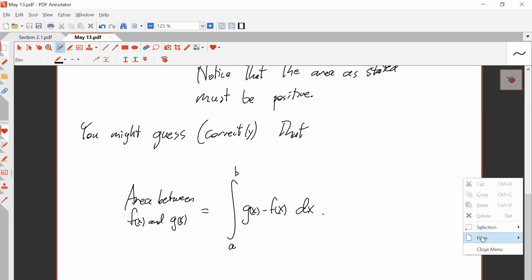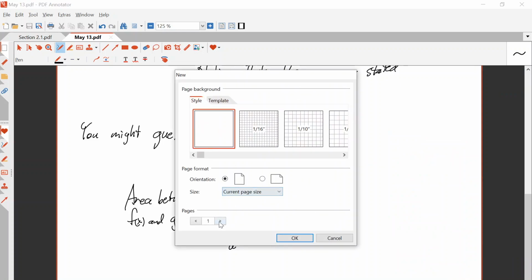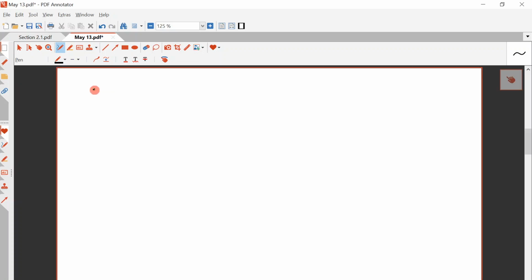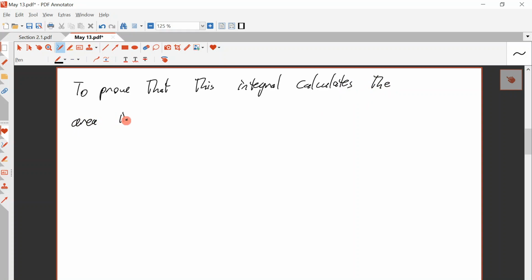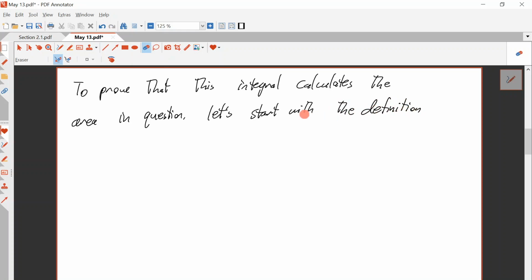So to prove this formula actually calculates the area in question, let's start with the definition of the integral from a to b of f(x) dx.